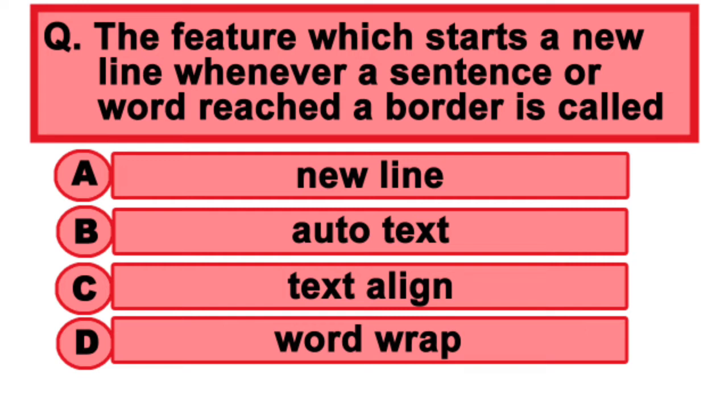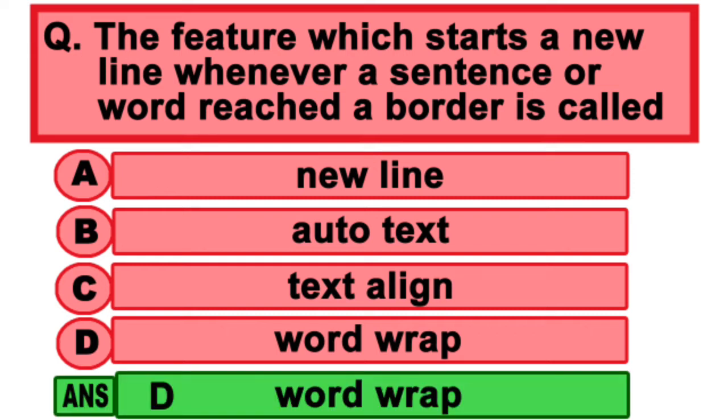The feature which starts a new line whenever a word or sentence reaches a border is called. The options are A. New line, B. Auto text, C. Text line, D. Word wrap. Let's see the options one by one. Word wrap.